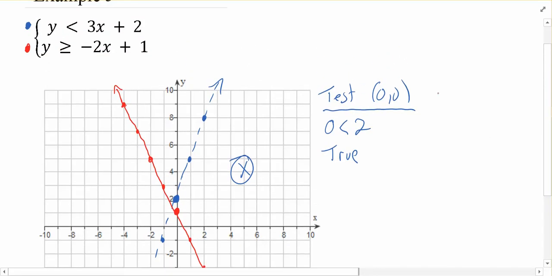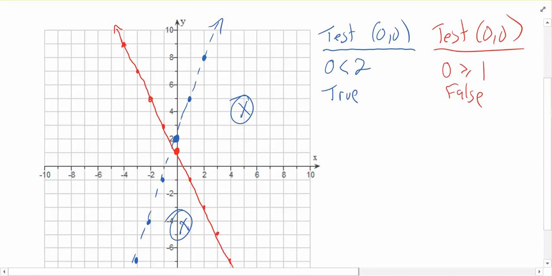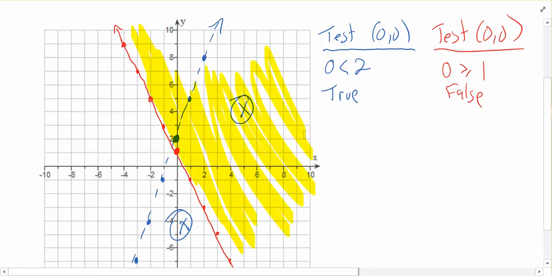I'm going to come back to my original red inequality, and I'm going to test the origin on it. And I'm going to get that 0 is greater than or equal to 1, which is a false statement, meaning on the red one, I do not want to shade the origin. So that means on the red, and again, do not actually shade right here, this is just for your visual during this lecture, the red one is shading everything that does not have the origin on this side.